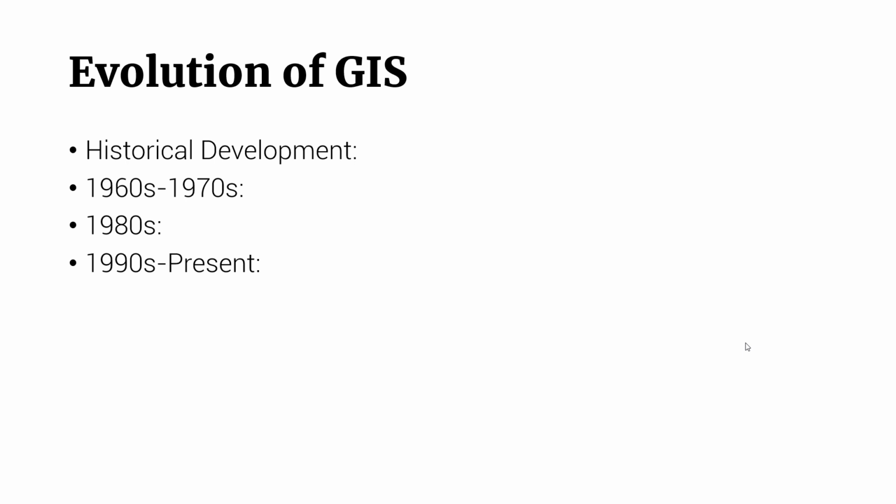In the 1980s, that's when digital GIS came in, where the data being studied and interpreted is more sophisticated. That's the 1980s, the emergence of digital GIS. From the 1990s up to the present, this includes internet integration, user-friendly software, and cloud-based GIS and mobile mapping.